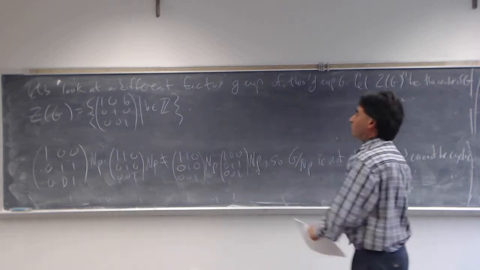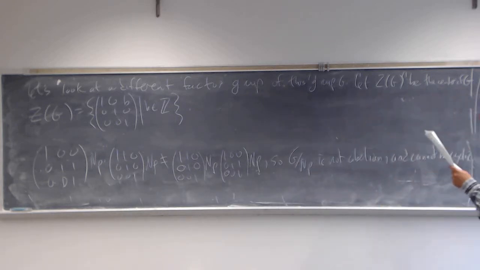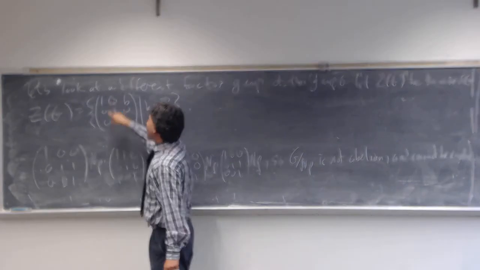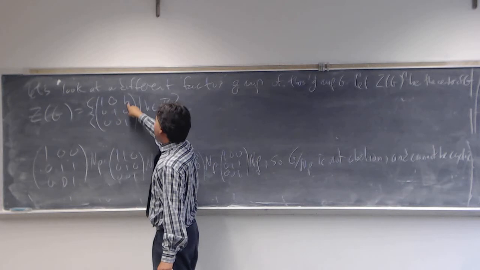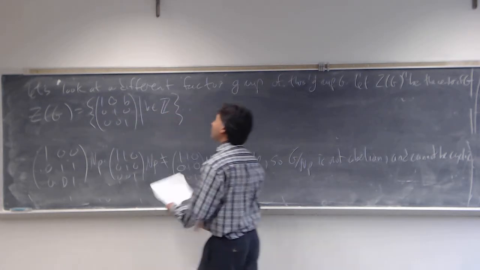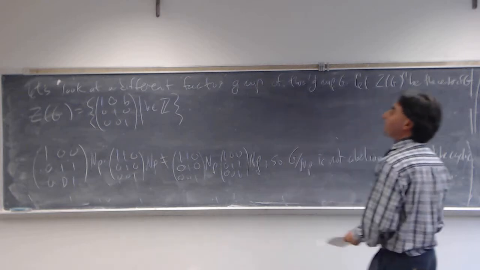So basically, two of the entries have to be 0, the first row, second column and second row, third column, but the first row, third column, that can be any integer at all. So I claim that's the center.